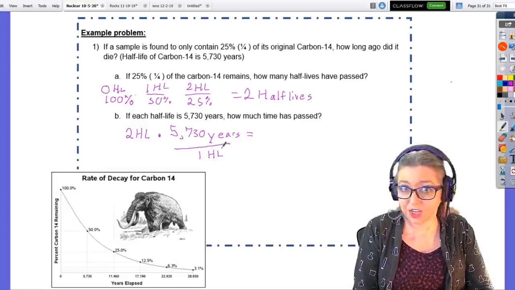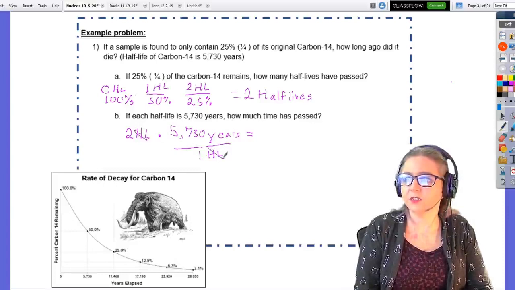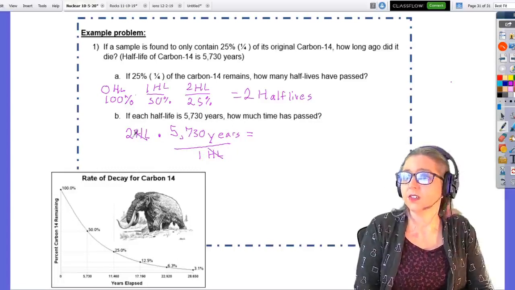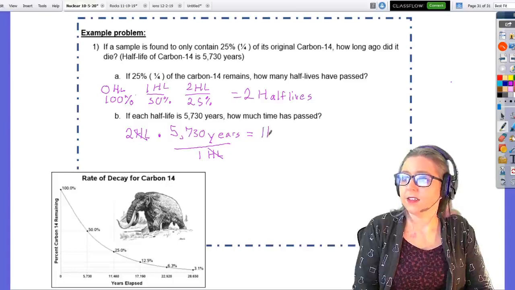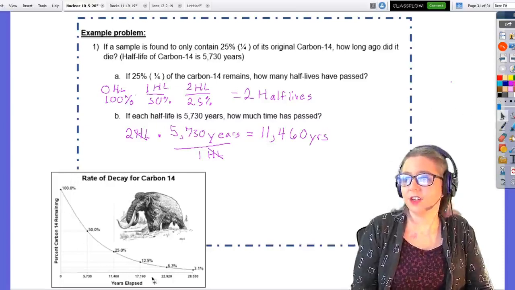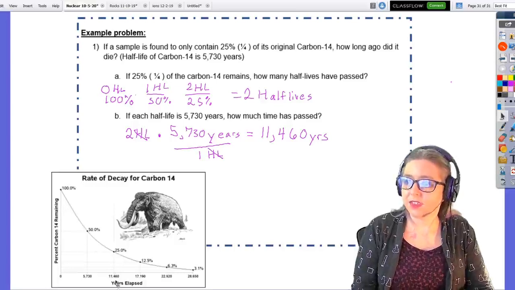Dividing by 1 doesn't change my answer, so you can skip this step if you want. I like to make sure my units are good. So 2 times 5,730 means that the time that has passed is 11,460 years. Another way to solve this is the graph that showed percent of carbon-14 remaining. If you go down to 25%, that means approximately 11,460 years have passed.